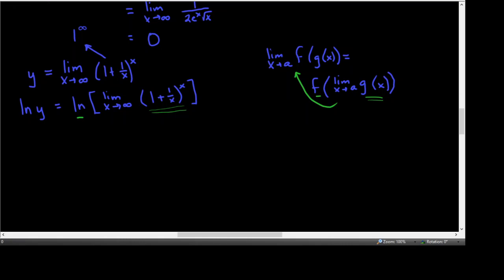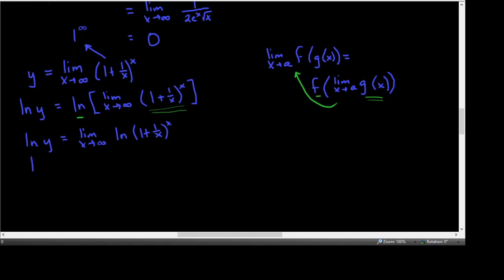And so I'm going to use that property of limits in a backwards fashion and take the limit out of the inside of that composition and put the limit out in front. And that will be the limit of the natural logarithm of (1 plus 1 over x) raised to the x.